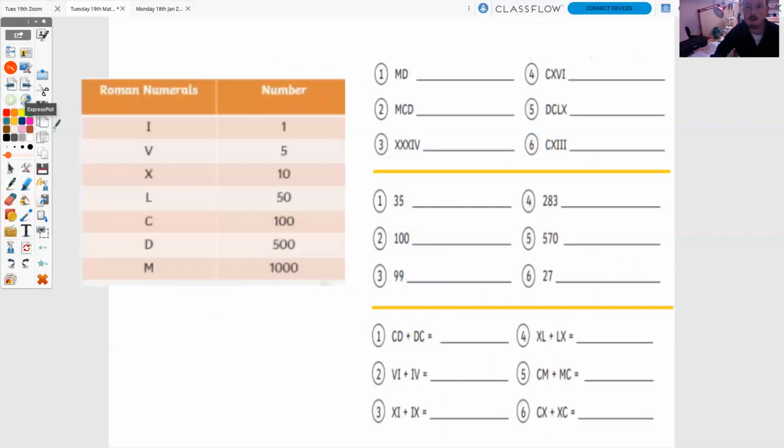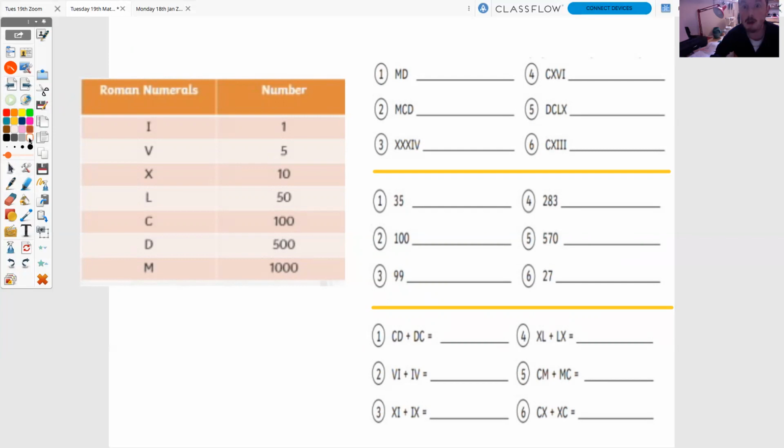Now, the other practicing that we had to do today was Roman numerals. I hope you remember them. We did these at the start of year 4. We've probably covered them a little bit here and there in revision bits, but it's probably been a while. So I'll just give you a clue.